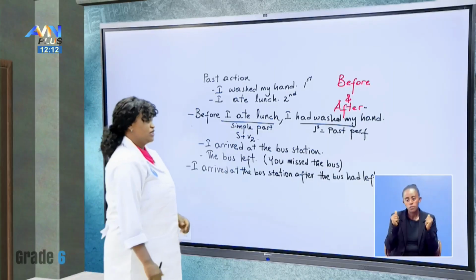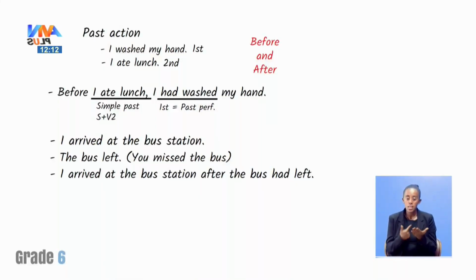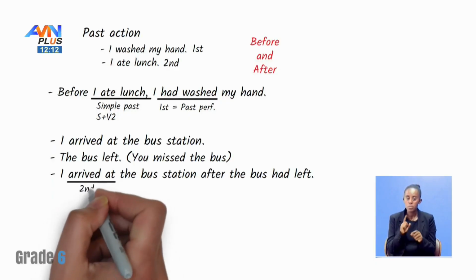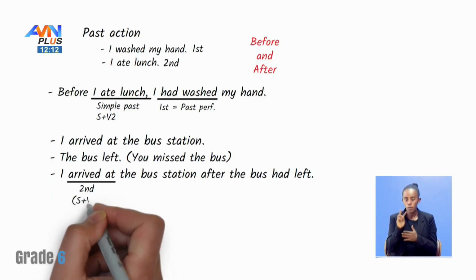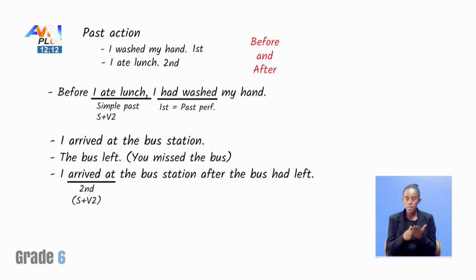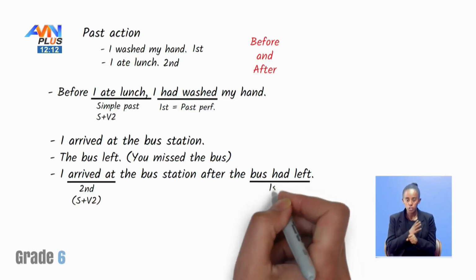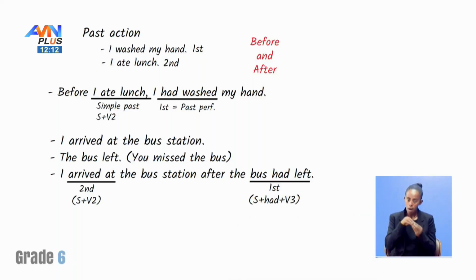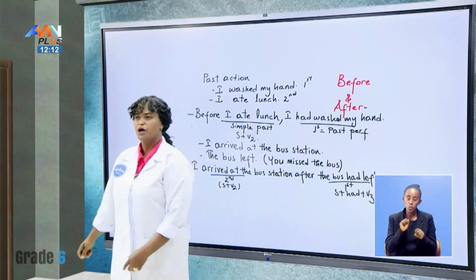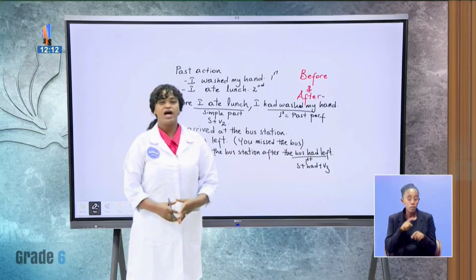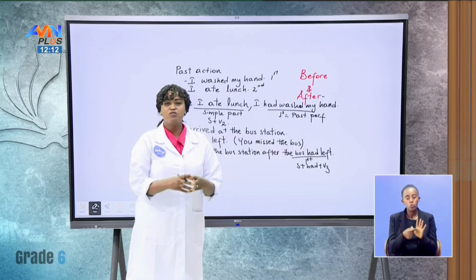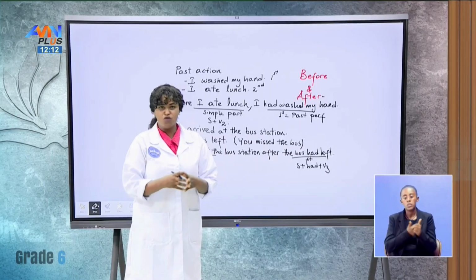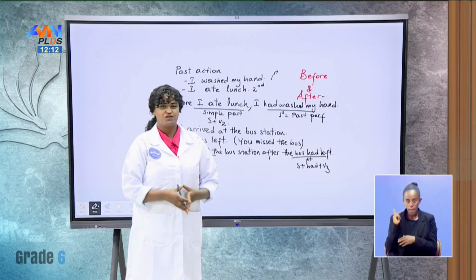That means, look, this is the second action, right? So, subject plus verb 2. And this is the first action, then subject plus had plus V3. So, past perfect can also help us to show the time or the sequence of happening for two past actions.